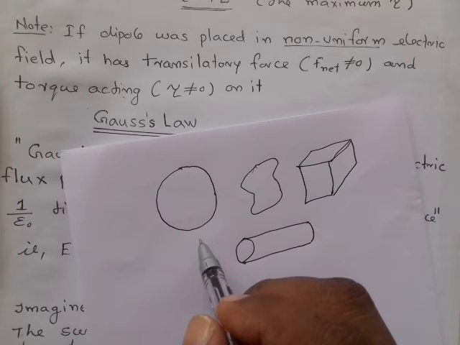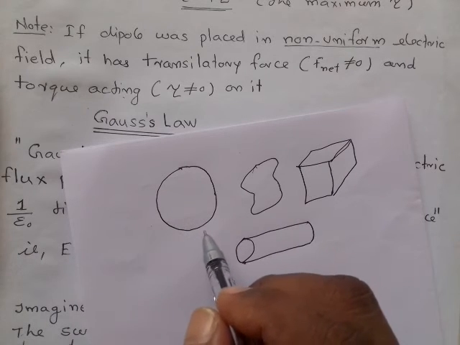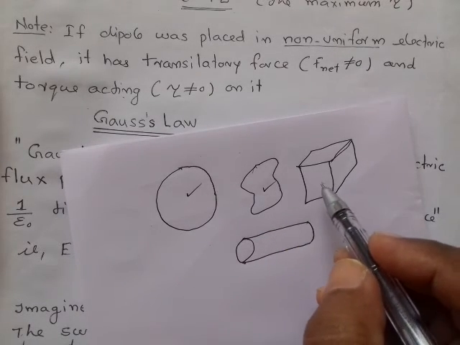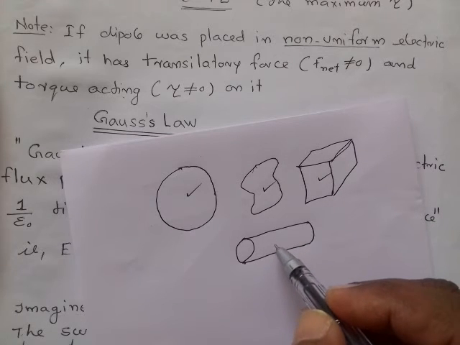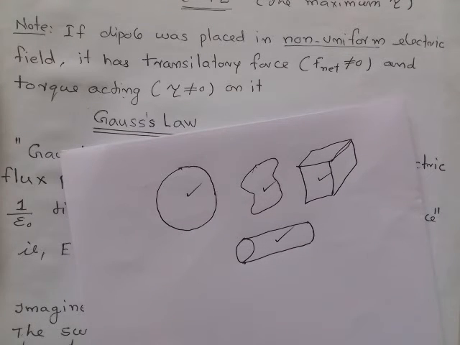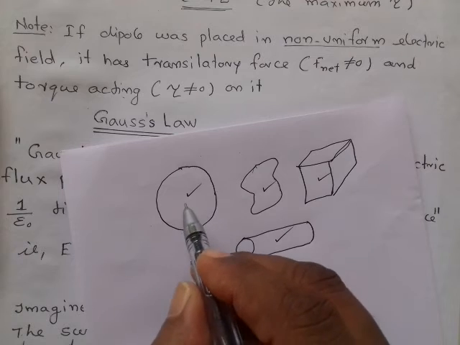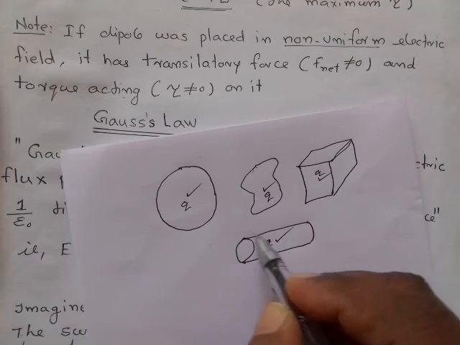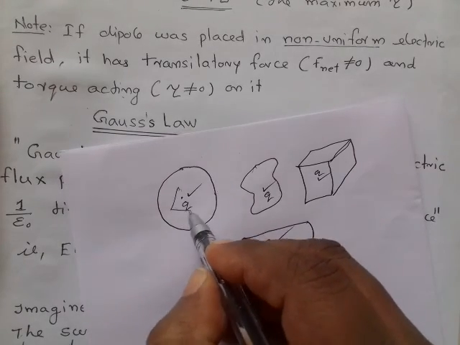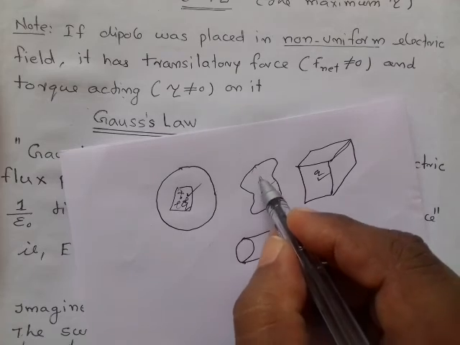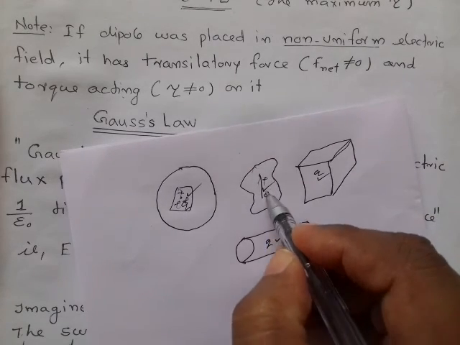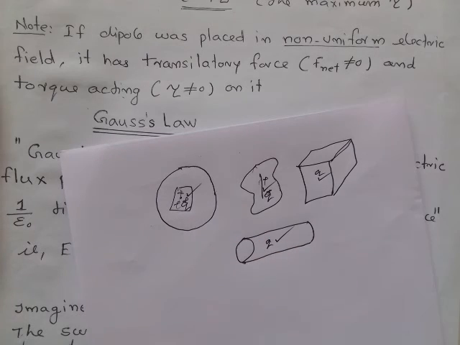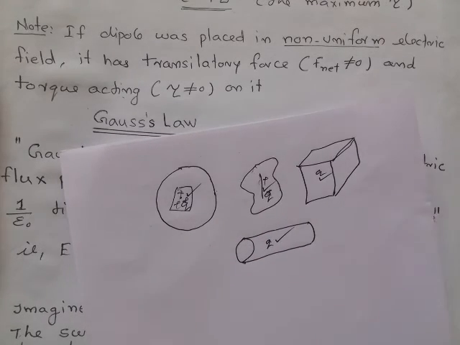It need not be an existing thing. And within the surface there should be some charge, which need not be a point charge; it can be a distributed charge. The only condition is that the charge should be within the closed imaginary Gaussian surface.